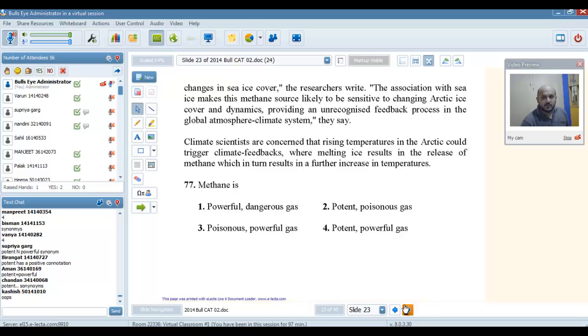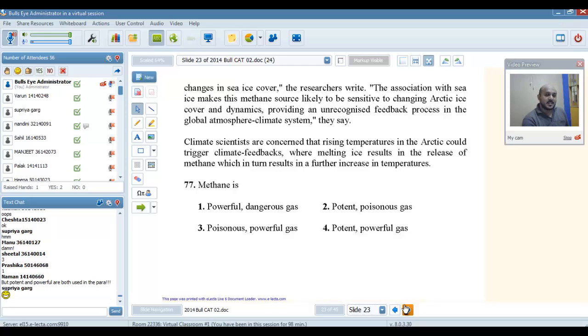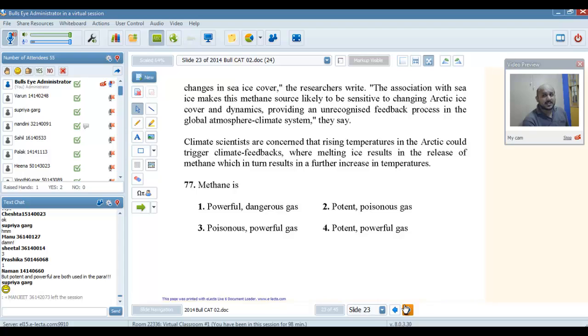One, powerful. The second thing is, what is implied with methane? It is dangerous. How do I take out that implication dangerous? Methane effectively is 20 times more powerful than carbon dioxide. Guys, it's written in the paragraph. Theoretically, it is 70% dangerous. After you make adjustments for its decomposition, it is 20 times more dangerous.